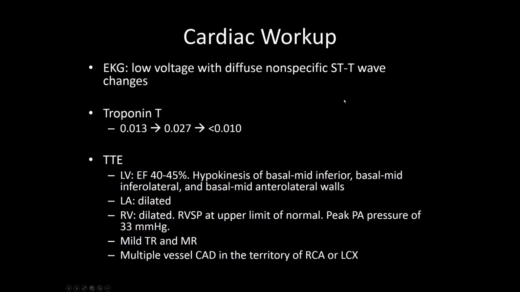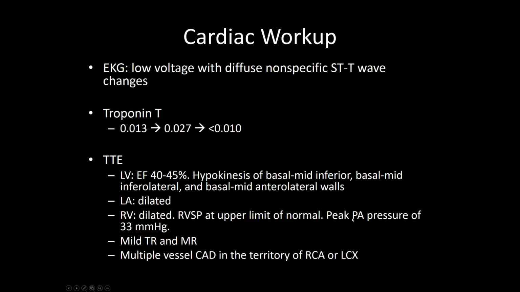So when she came to the ER with this atypical kind of chest pain, a cardiac workup was started, which included an EKG that showed only diffuse non-specific STT wave changes. Troponins were mildly elevated at a peak of 0.027. An echo was done, a transthoracic echo at that time, which showed an ejection fraction was reduced and hypokinesis of the basal mid-inferior, basal mid-inferior lateral, basal mid-anterior lateral walls.